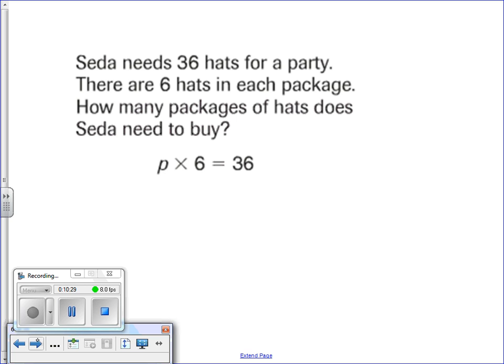Richie? Okay, that's the answer. But what's representing the unknown factor? P. So we're using P to represent something that's unknown. So Richie says to get 36 you multiply by 6, so P would have to equal 6.